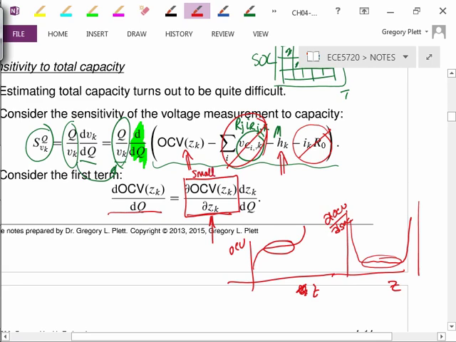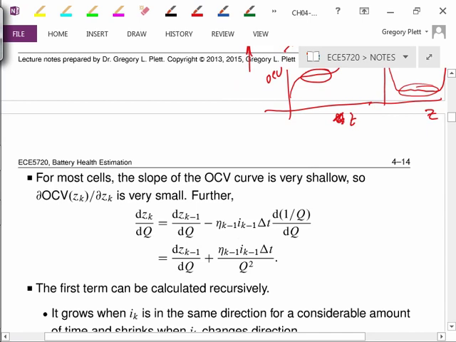Now I need to look at the other term here, the total derivative of SOC with respect to capacity. So we look at the SOC equation. z_k equals z_{k-1} minus eta_{k-1} i_{k-1} delta T over Q. So taking the total derivative term by term, total derivative of that term gives me this.